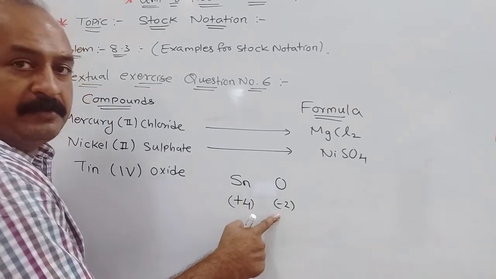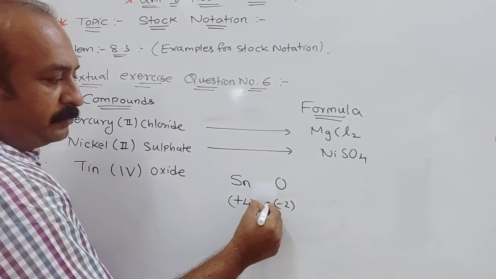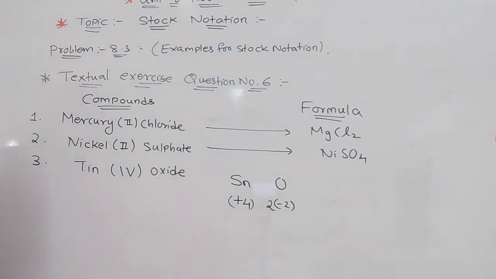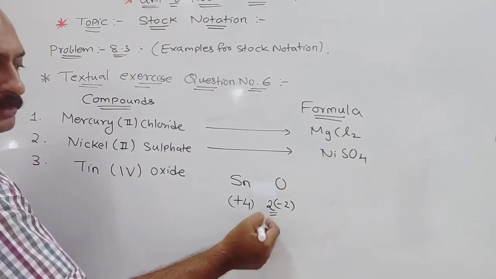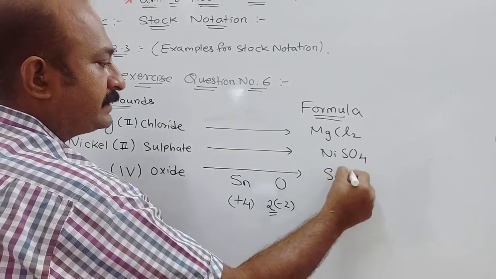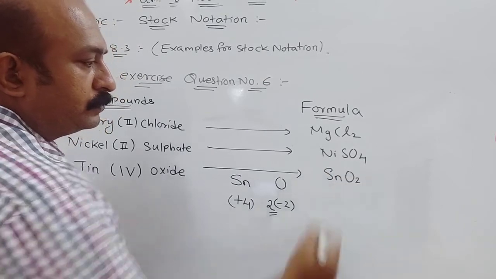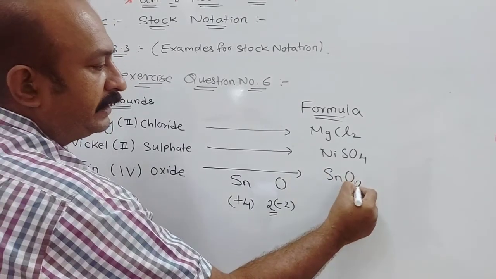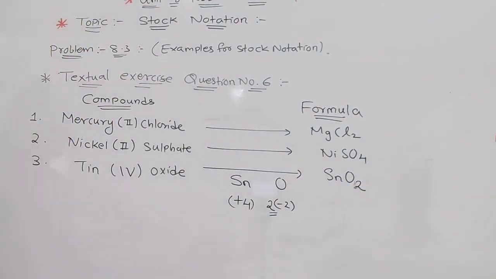Right? So if I want to make this -4, I have to multiply with 2. Right? So whatever number I have multiplied, that I will write here. So the formula for this will be SnO2. Understood? So this is a simple way to remember.